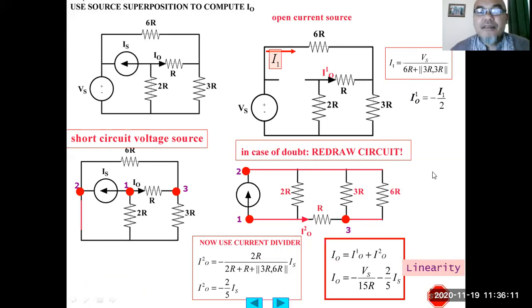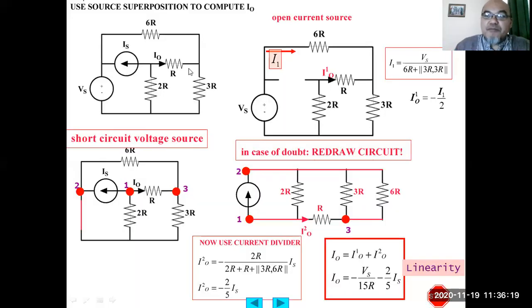Okay, so that will be all for the principle of superposition, either voltage source and or current source, independent current source or independent voltage source. Are there any questions from you?